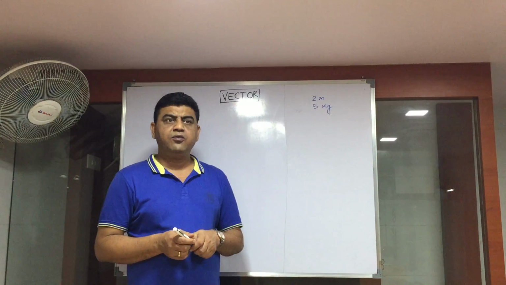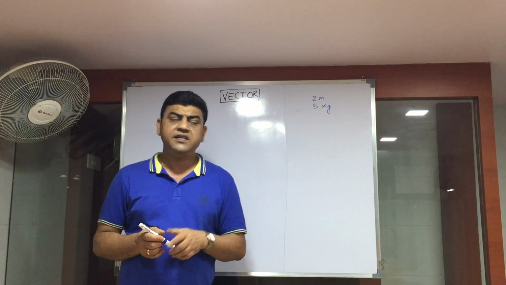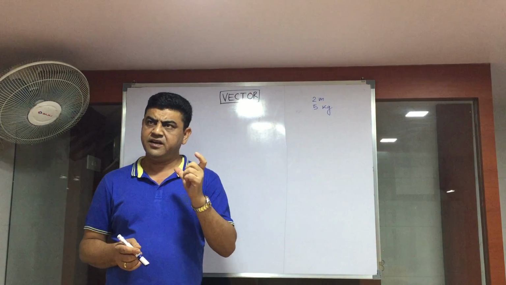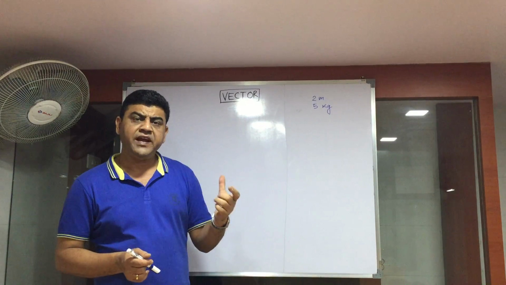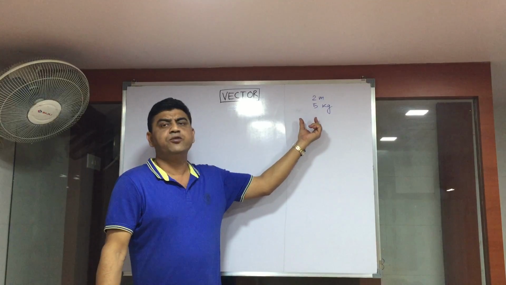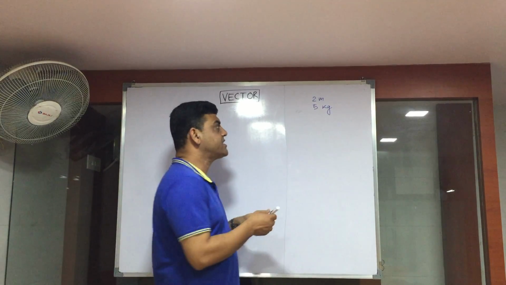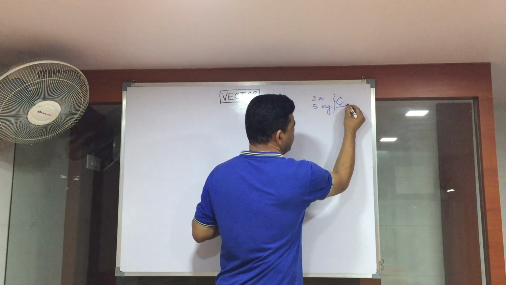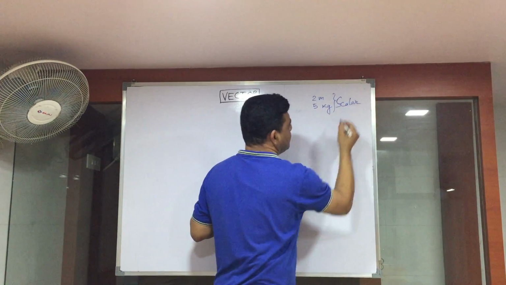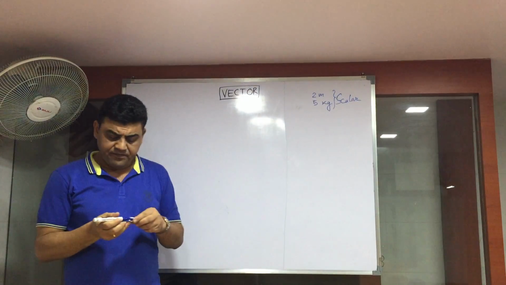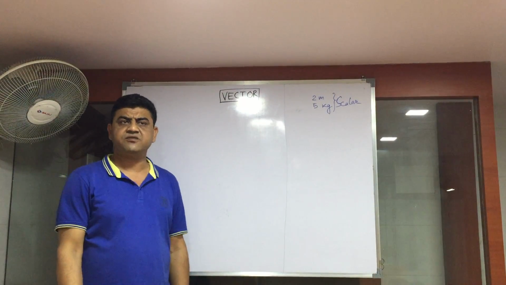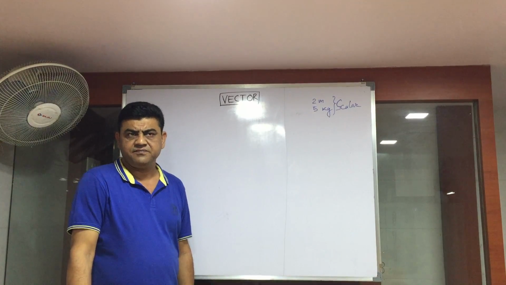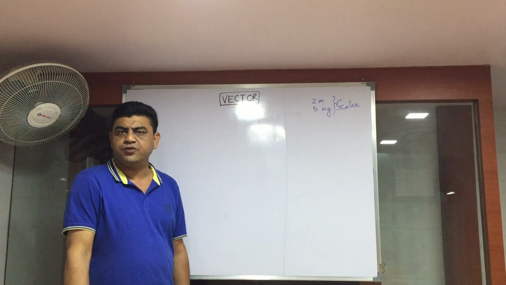Now, these are the quantities which can be expressed by a pure number, so we call them scalar quantities. There are certain quantities in physics which we'll be using extensively, like velocity, acceleration, force.